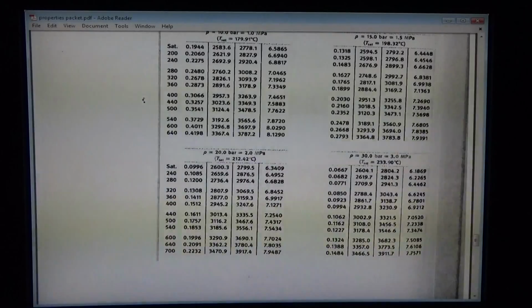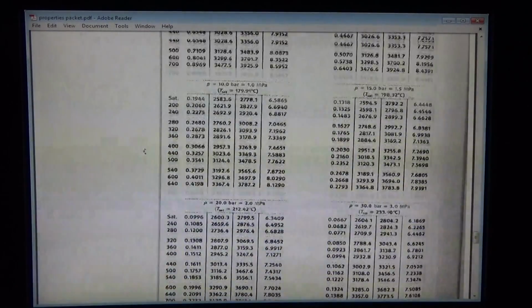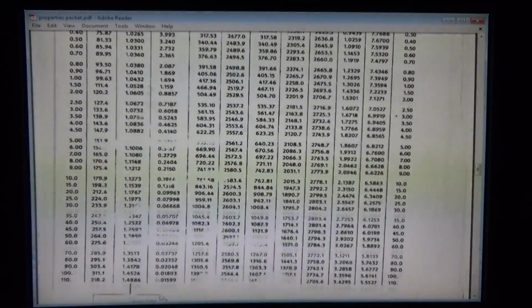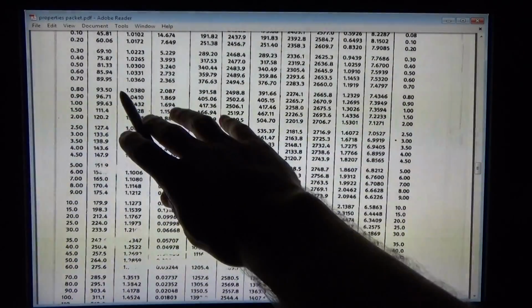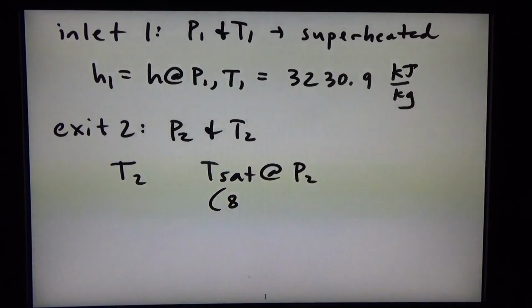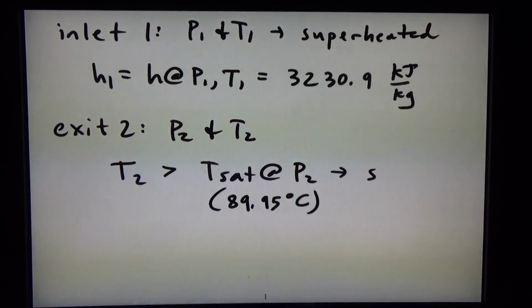So P2 is 70 kilopascal or 0.7 bar. So we can go up and look at the saturation temperature at 0.7 bar, here we read it off, 89.95. So our temperature is 100, that's higher than the saturation temperature. So we still have a steam at the exit of the turbine.